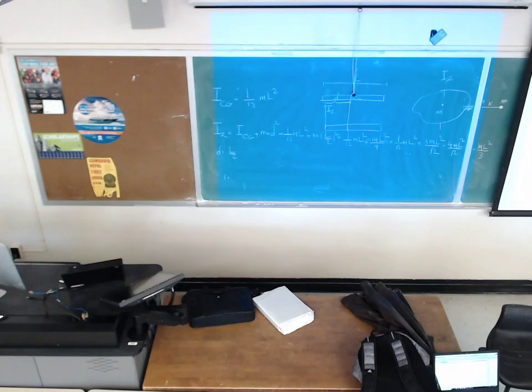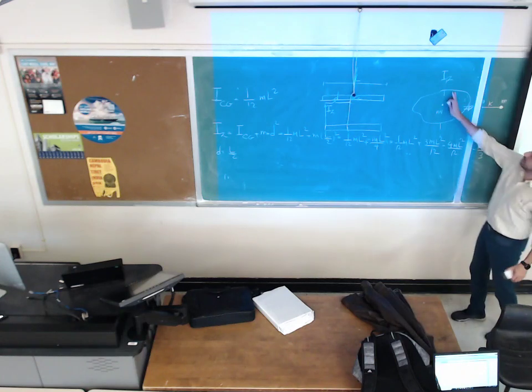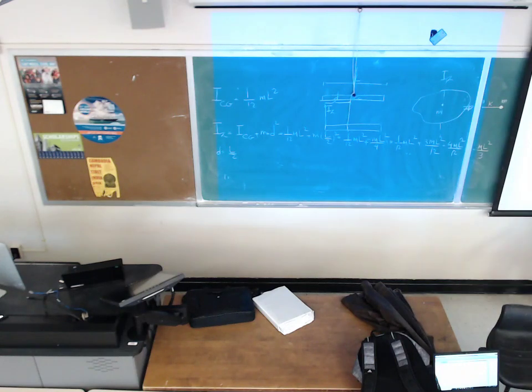So if this is the case, the I for the new system is going to be m times k squared. Now the question is, how much should be the k such that it's going to give me the same mass moment of inertia for the original system?